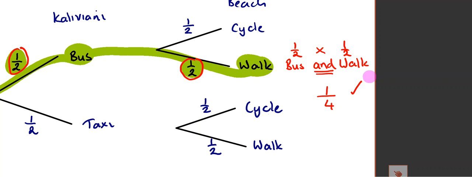The reason it's a quarter is because 1 times 1 is 1, and 2 times 2 is 4. Another way, if you don't quite get that, is remember what the word for multiplication was? Well, in probability it's "and", but in just basic probability it's... And what you do to the bottom you do to the top. That's equivalent. That's not doing the multiplication, but good that you've remembered it.